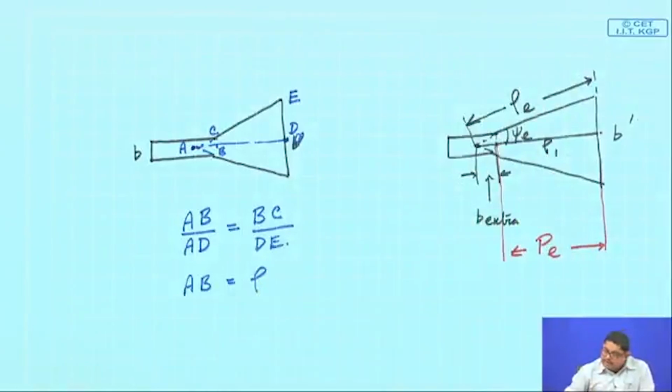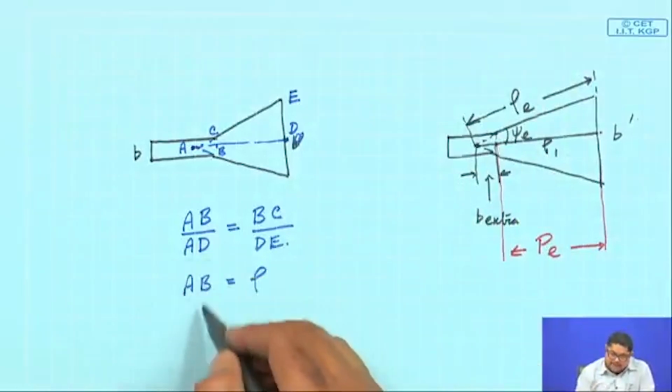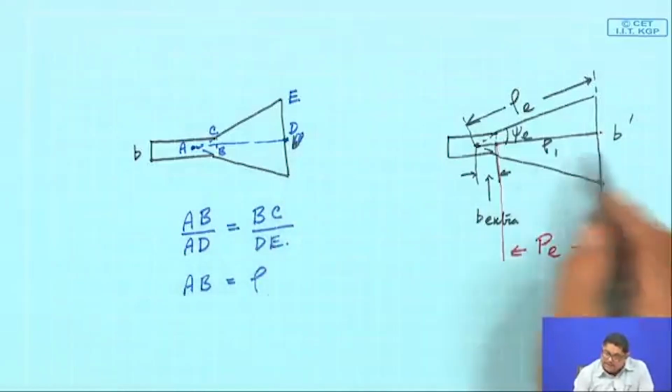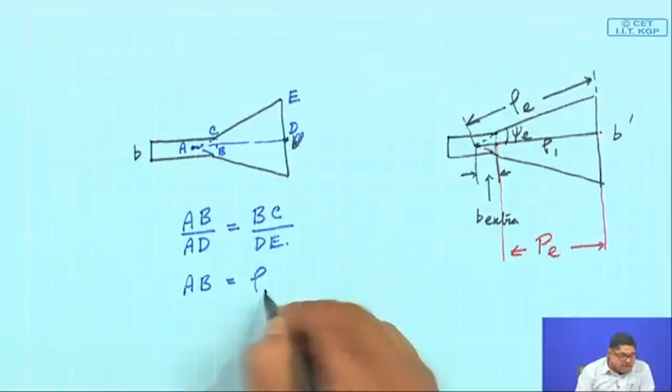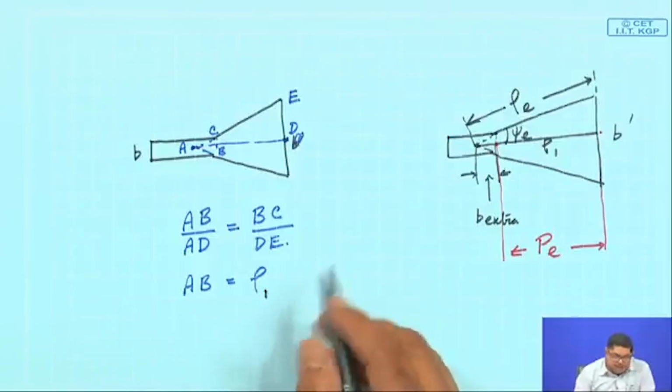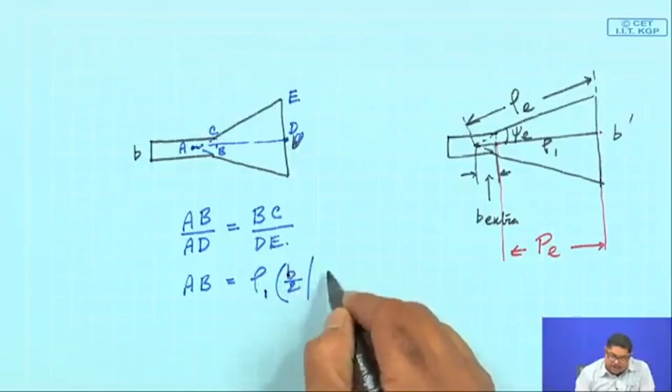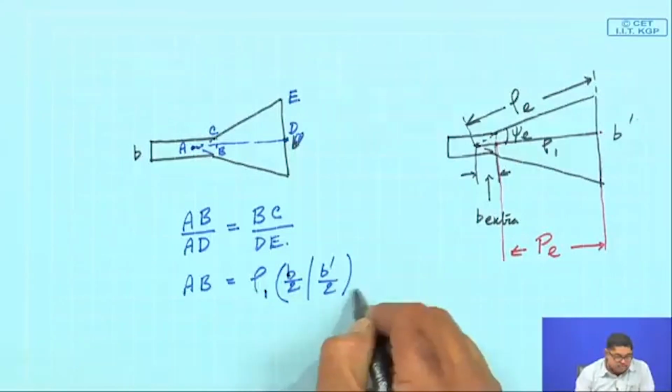So, now I can put what AB is. AB is equal to AD, AD means from here you can see rho 1, into B by 2 by B dashed by 2.